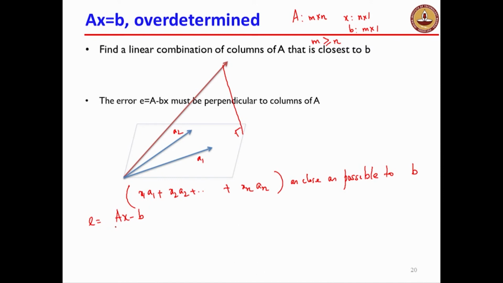Now Ax minus B, my x is chosen such that it is shortest when the error is perpendicular to A1. Right. So I will write this as A1 transpose times Ax minus B equal to 0.